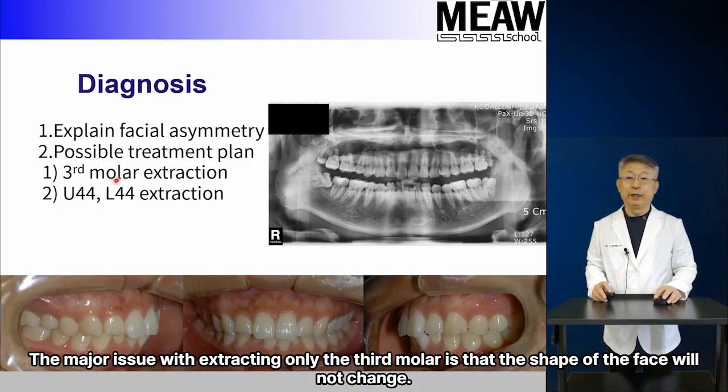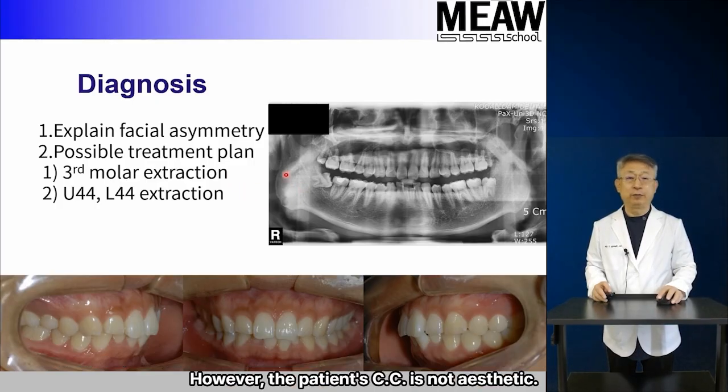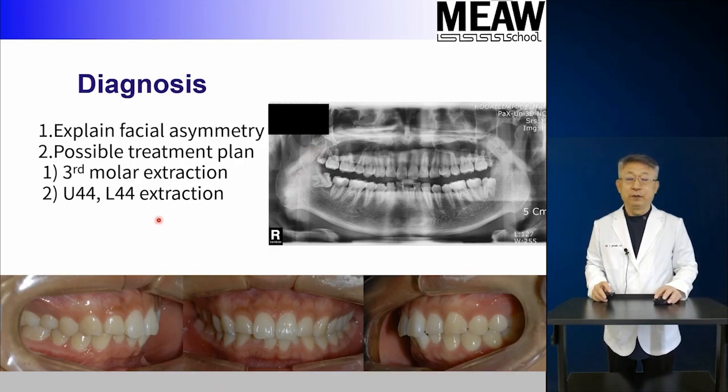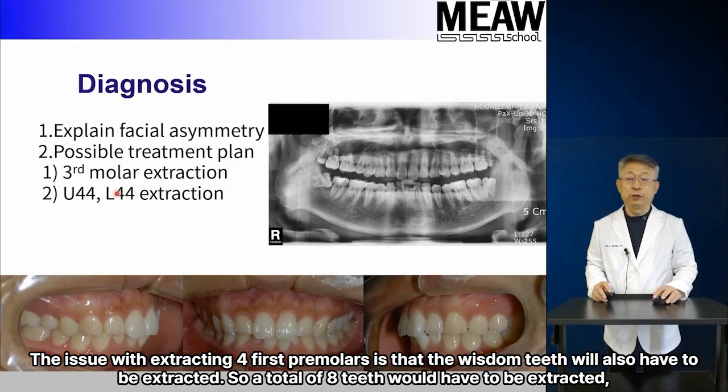The major issue with extracting only the third molar is that the shape of the face will not change. However, the patient's CC is not aesthetic. The guardian also doesn't have a problem with the patient's current profile. The issue with extracting 4 first premolars is that the wisdom teeth will also have to be extracted.